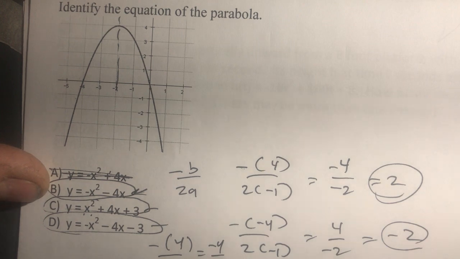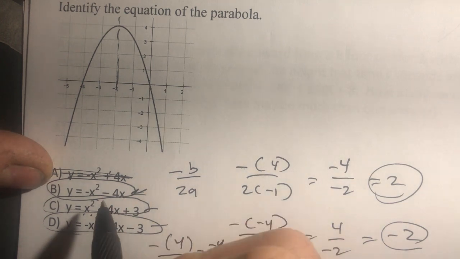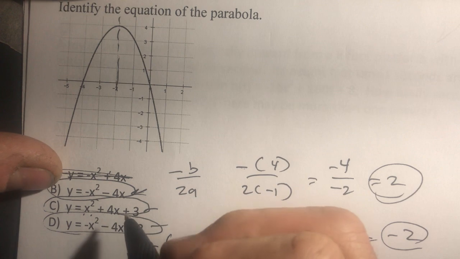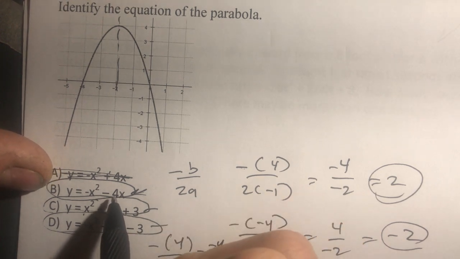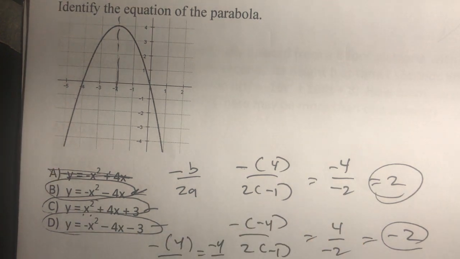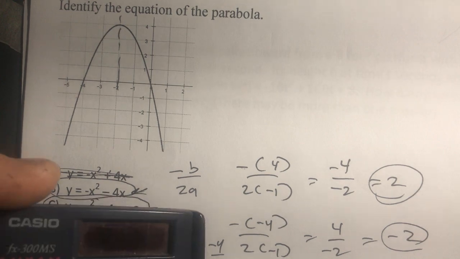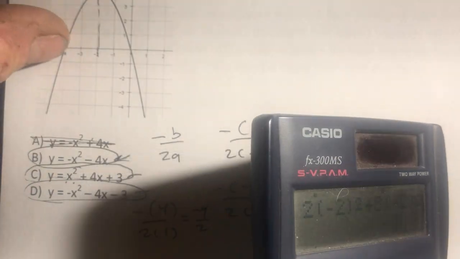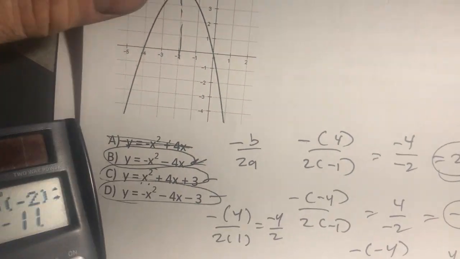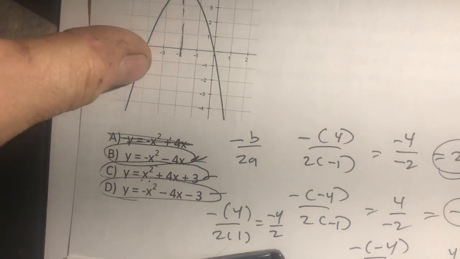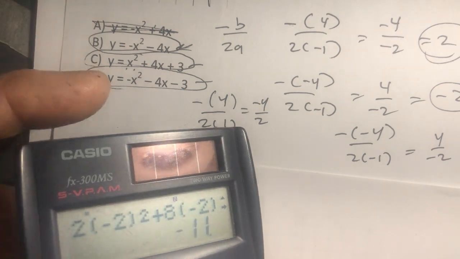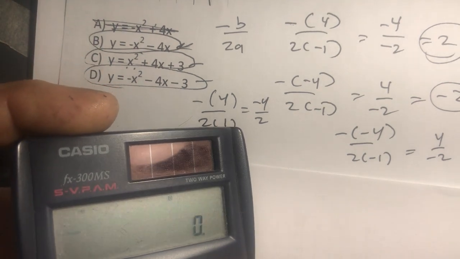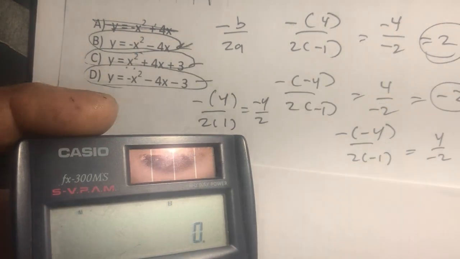So what I'm going to have to do is take negative 2 and put it in. If I put negative 2 in this one, just use your calculator. I'm going to use my calculator here and type it in. I can't get it on the screen, so let's just move it up some. Right here, I got this negative in front.